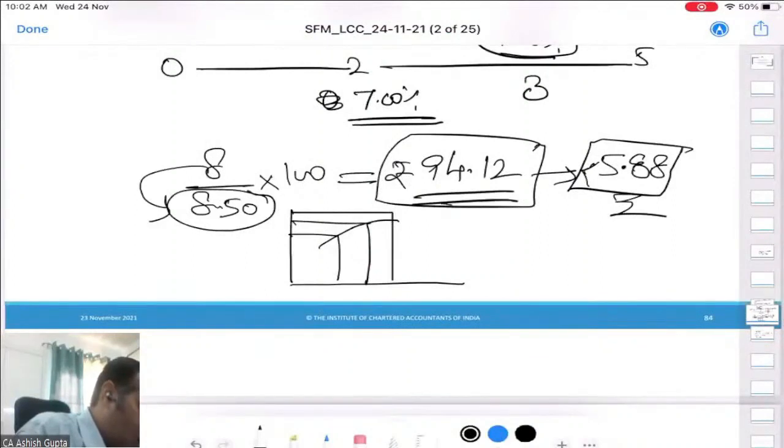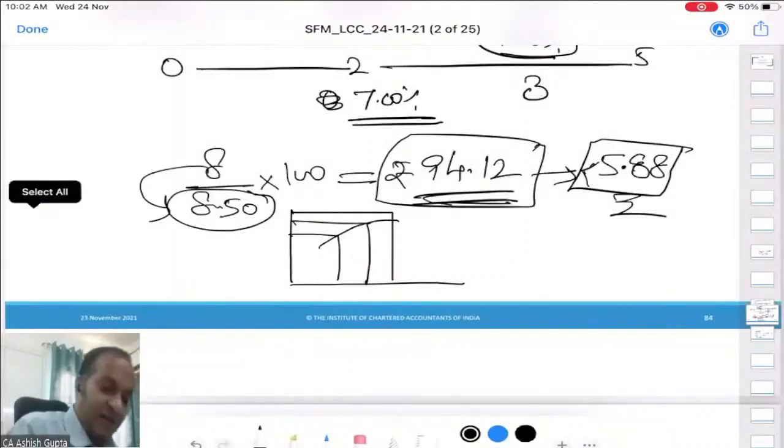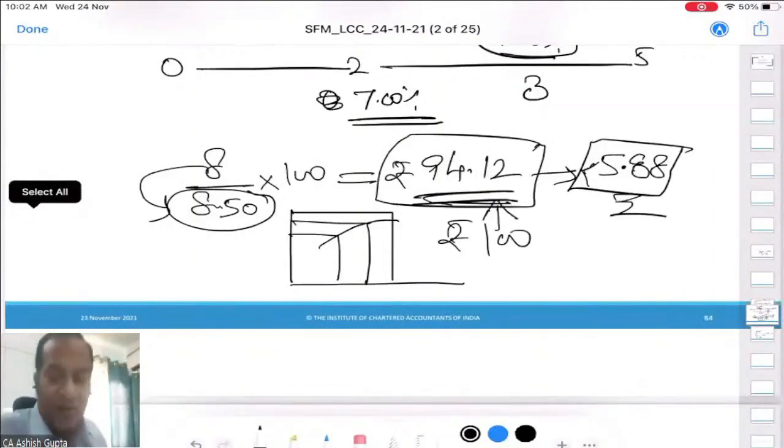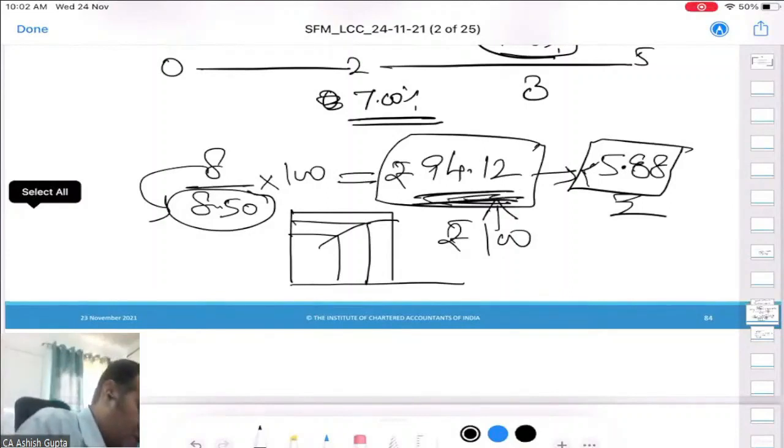The value of the 100 rupee bond has come down to 94, because a person will say, why should I invest in an 8% bond when I am investing 100 rupees and getting a coupon of 8.5, or 8 rupees 50 paise? So why should I buy a bond for 100 rupees that pays only 8 rupees? Please see here, the value has fallen.